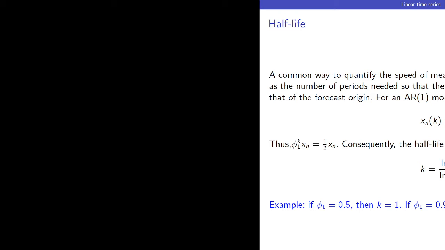Absolute value because logarithm is only defined in positive numbers. And if we have an example, if phi sub 1 were to be 1/2, then k is 1. And if phi sub 1 would be 0.9, then k would be roughly 6.58.